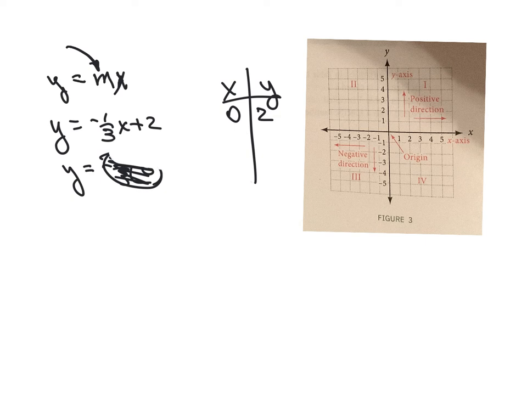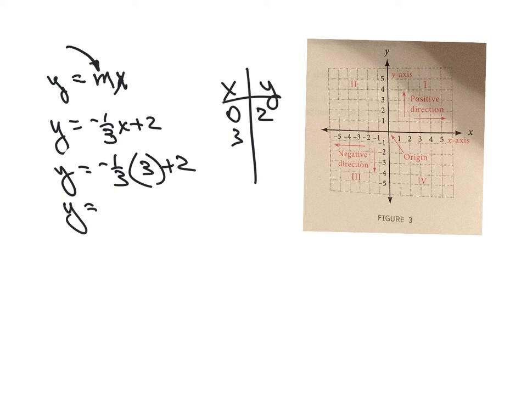Okay, let's erase that. And instead of using 0, let's use 3. So y equals negative 1/3 times 3 is negative 3/3 plus 2. So y equals negative 1 plus 2, which is 1.